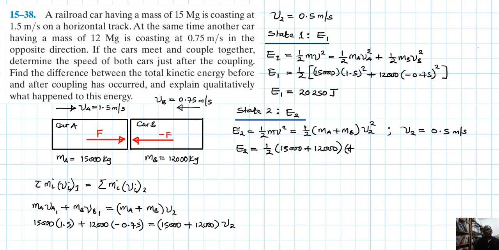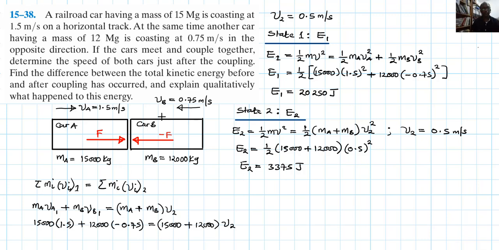So we are going to factor in our V2 there, like so. Our E2 is going to be equal to 15,000 plus 12,000, by 0.5 squared, by 0.5, and this gives 3,375 joules.